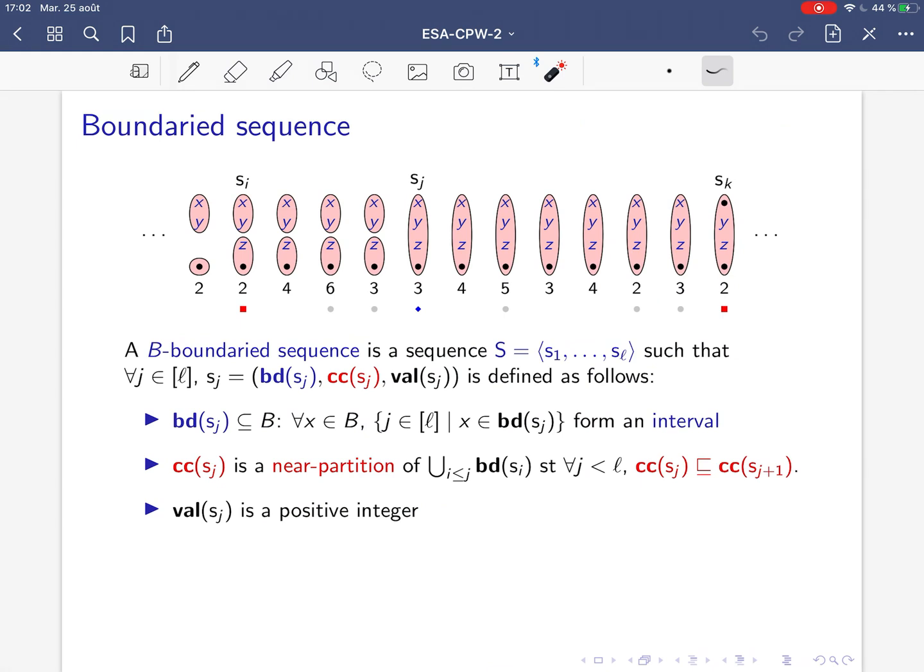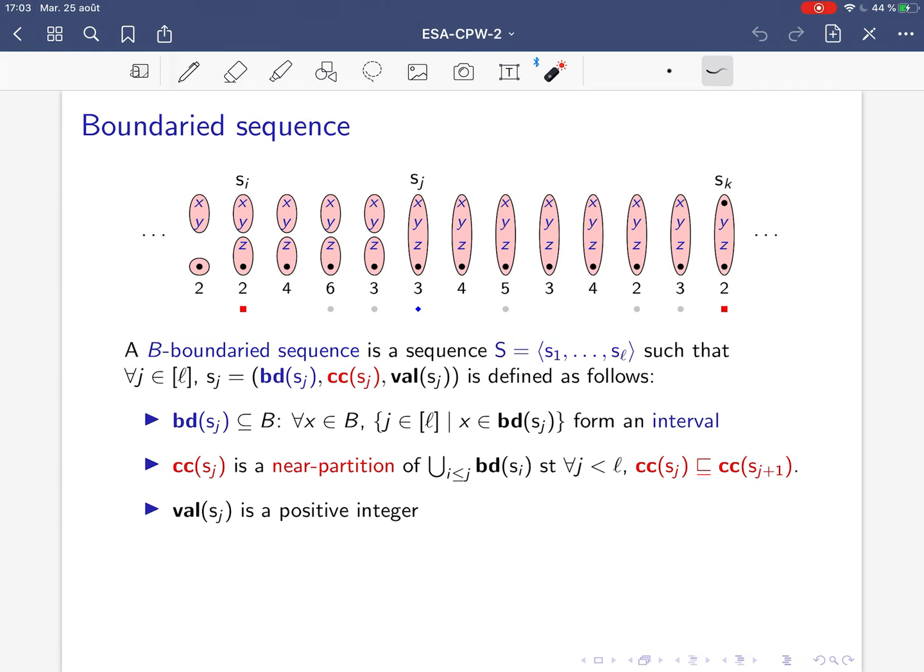And now the second component, and this is where we will represent the connectivity constraint, is a near partition of the subset of B which is the union of all the boundaries in the triples i smaller than j.